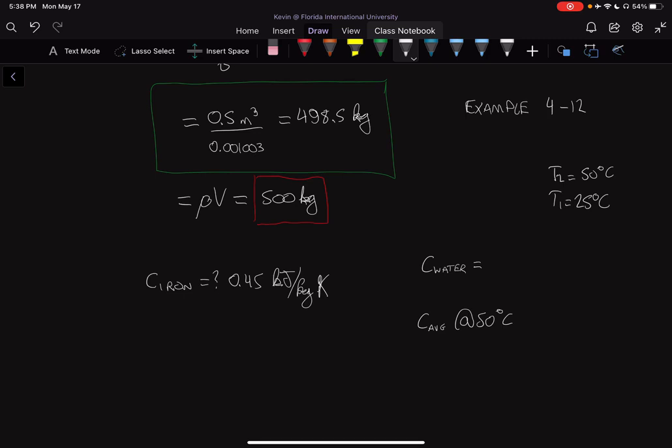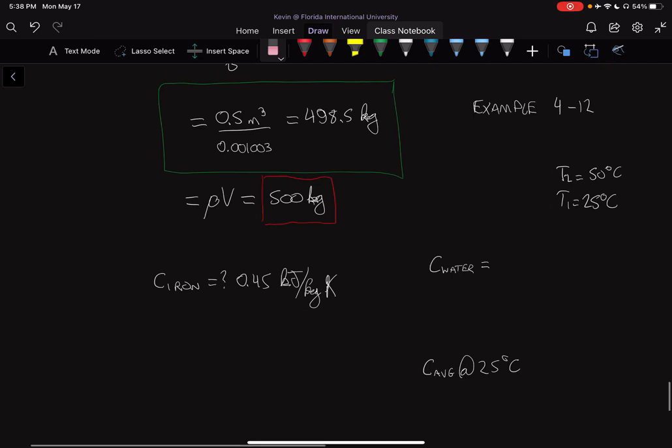So we're going to make an assumption that we're going to start with C average at 25 degrees Celsius. I'll delete this for now, just so it doesn't confuse us. We're going to assume C average is 25 degrees.